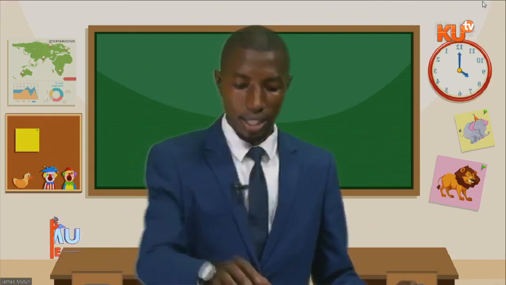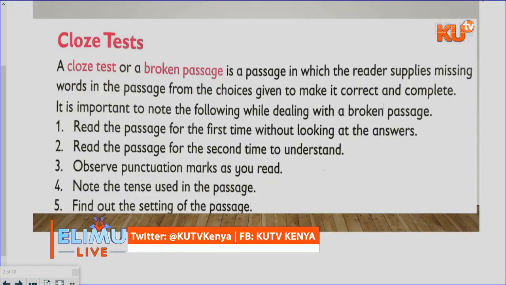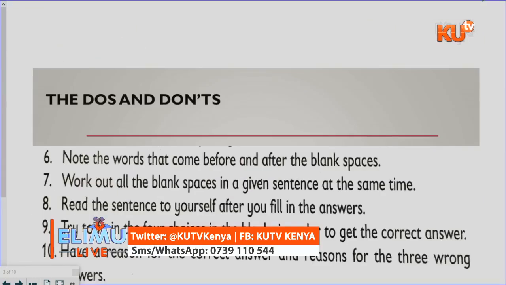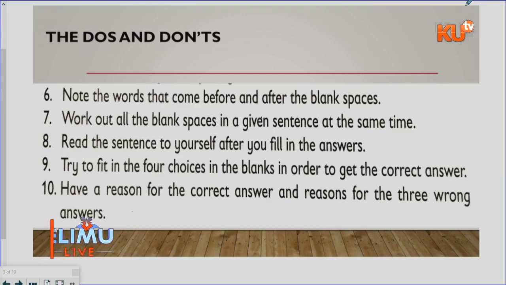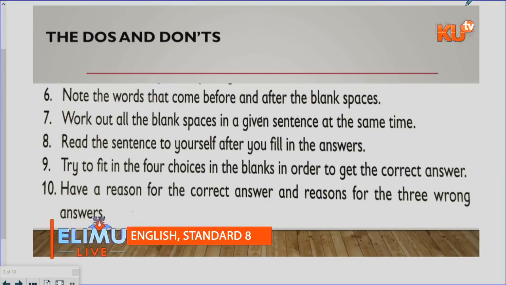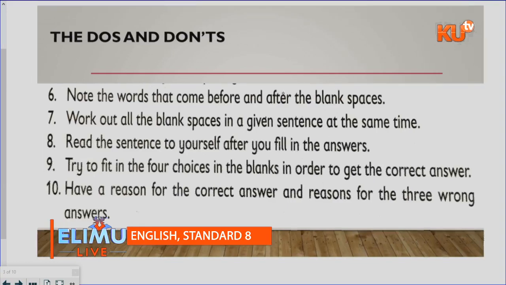All right. So I continue with some of the things that you need to do, the do's and the don'ts. Number 6, note the words that come before and after blank spaces. Very important for you to note the words that come before and after blank spaces.